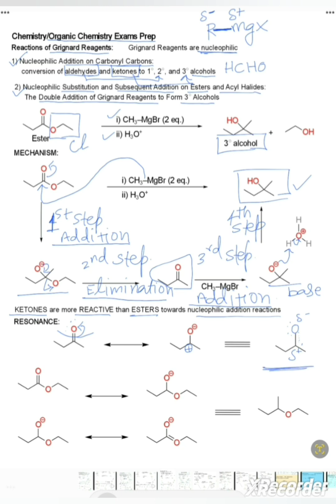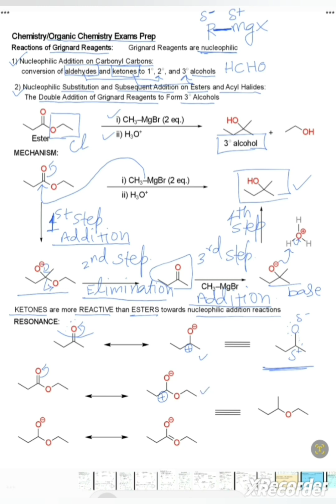Now, in case of esters, the first resonance is similar. So the oxygen gets a negative charge and the carbon gets a positive charge. So this is similar to what we saw in case of a ketone.